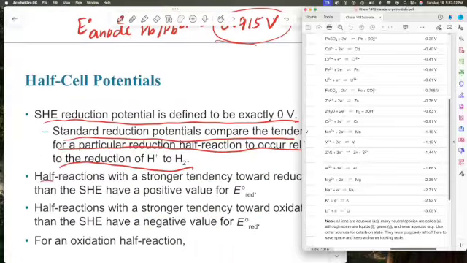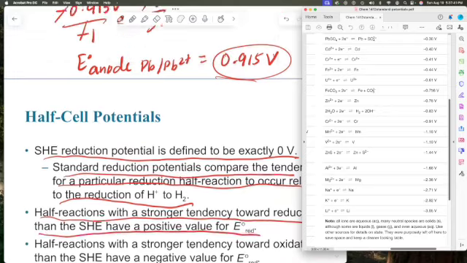So the half reactions with a stronger tendency toward reduction than the standard hydrogen electrode have a positive value of E reduction. This is referring not to the experiment, but to the table. So all the ones that have a positive potential right here, these tend to want to be more reduced than hydrogen. So we have to cover that.